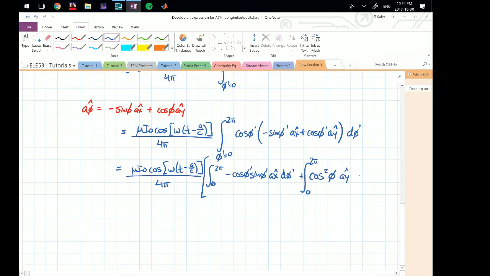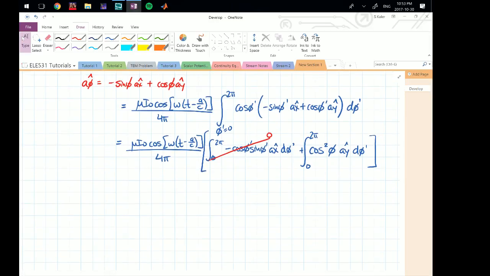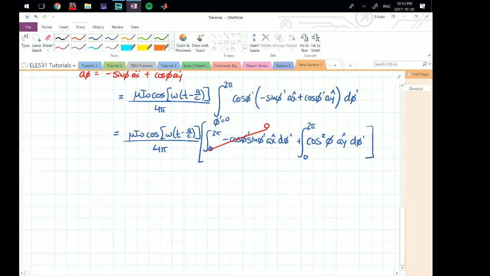And really it just helps to keep things in perspective and see what's going on. So if you actually carry out these integrals and substitute things in, you'll find that this first integral gives you a 0 result, and that the second integral can be expressed in the following way.